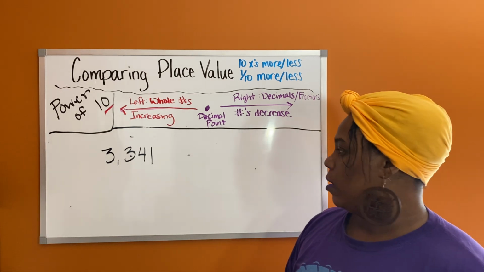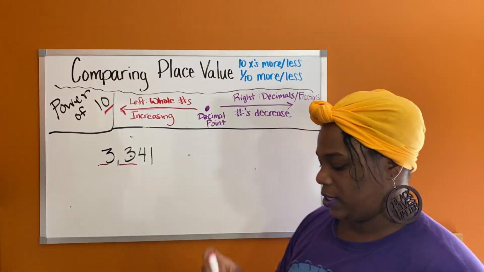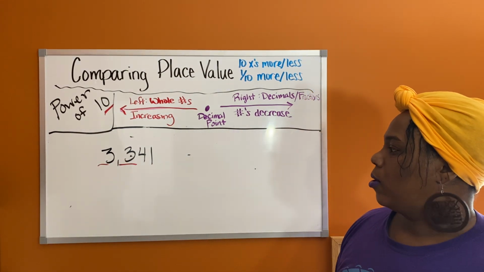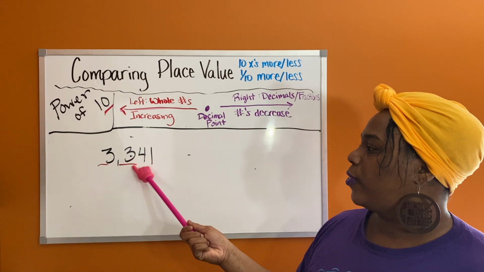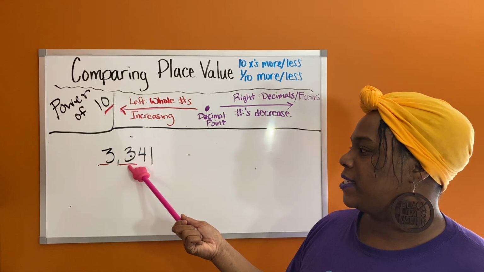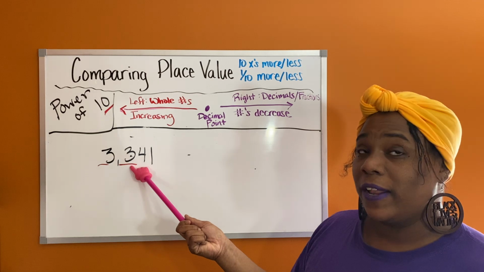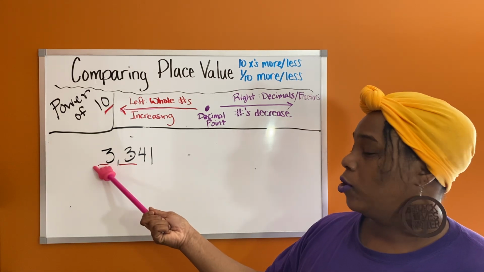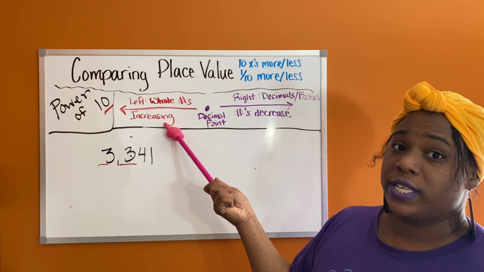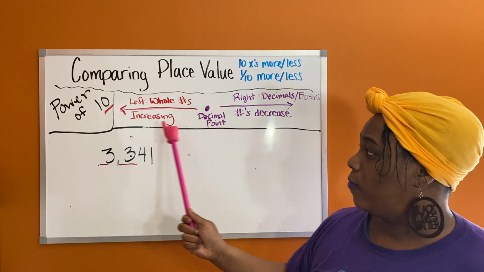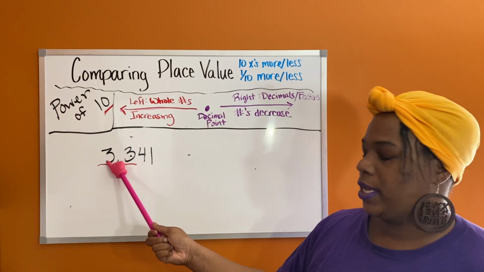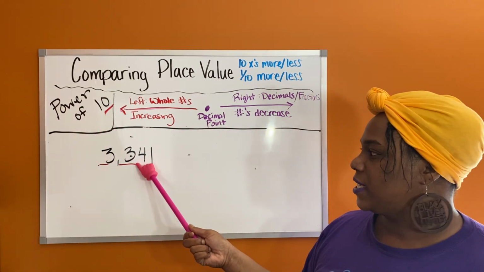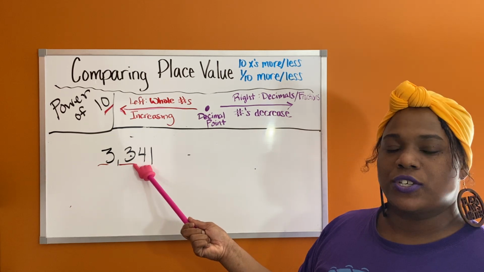Okay? If your question says, how is the 3 in the hundreds place different than the 3 to its left? One thing you're going to say is it's increasing, right? Because as we go further left, they are increasing. Another thing you're going to say is that, well, this is in the hundreds place.